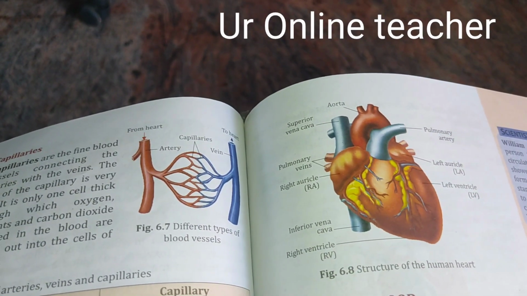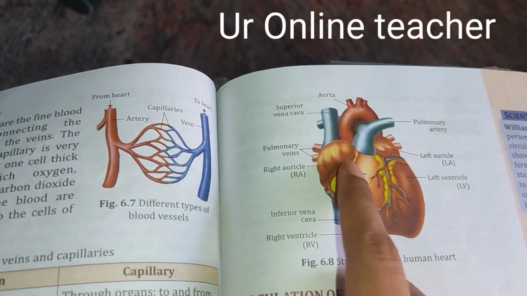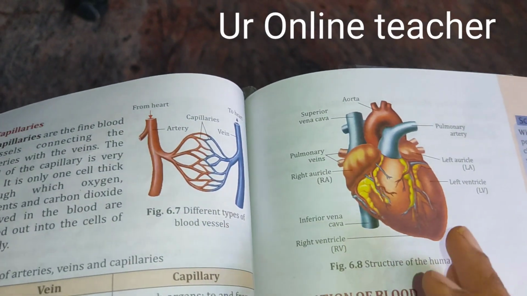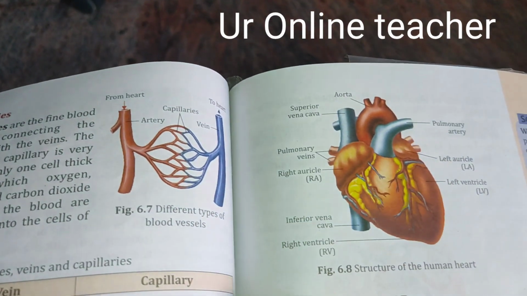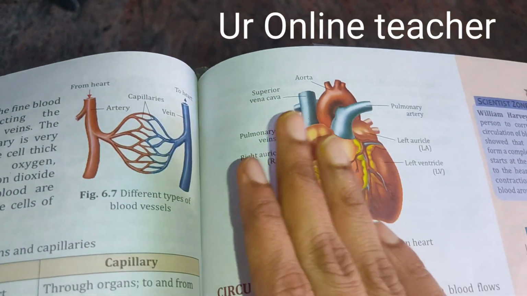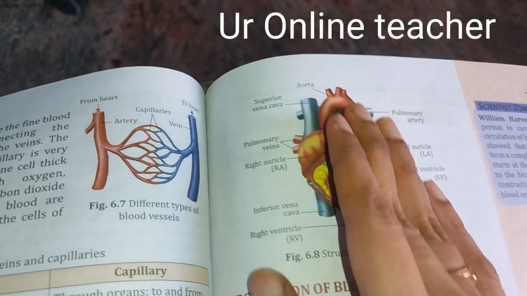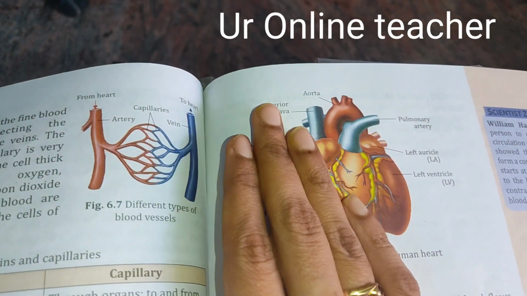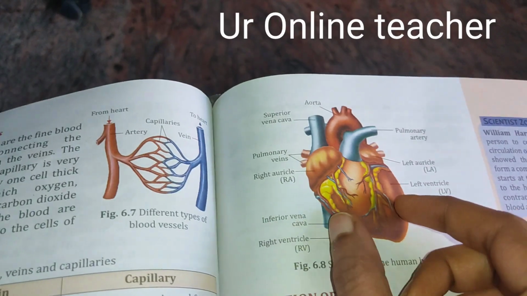The heart is internally divided by a muscular wall called septum. On each of the two sides there are two chambers connected by a wall. The upper chamber is called auricle and the lower chamber is called ventricle.